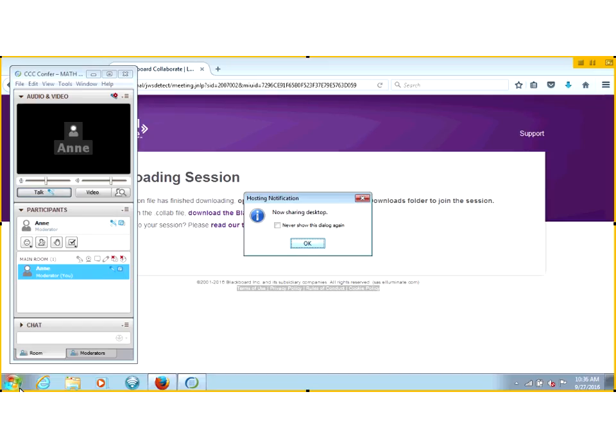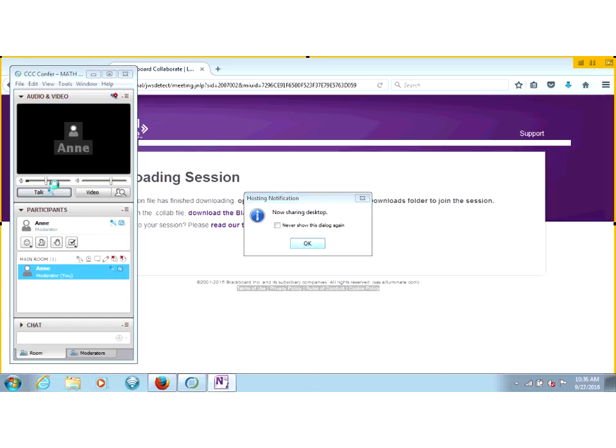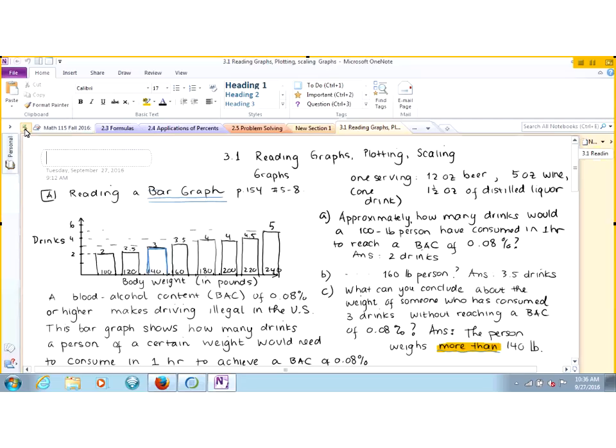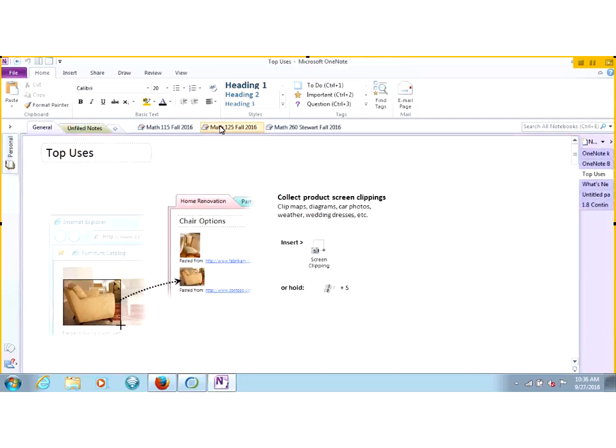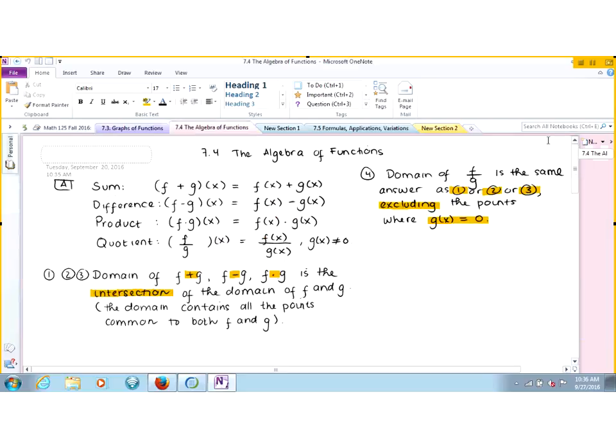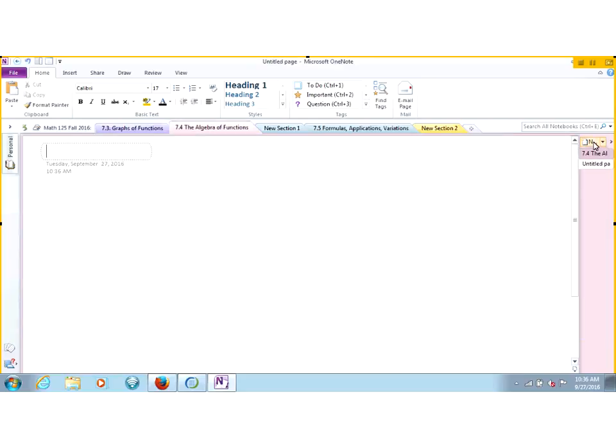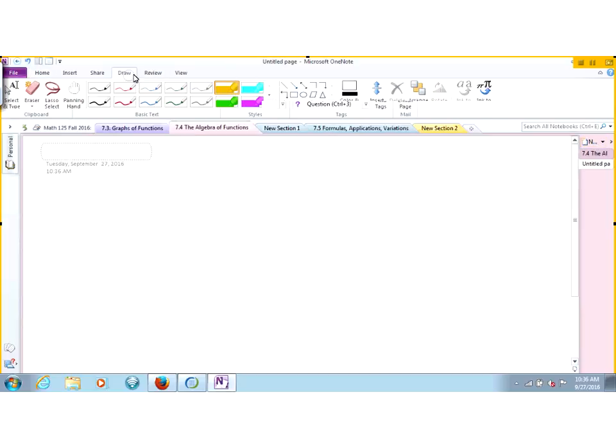All right, so one note, and it's Math 125. And let's do a new section. Okay. So, 9.2. Intersections, unions, and compound inequality.